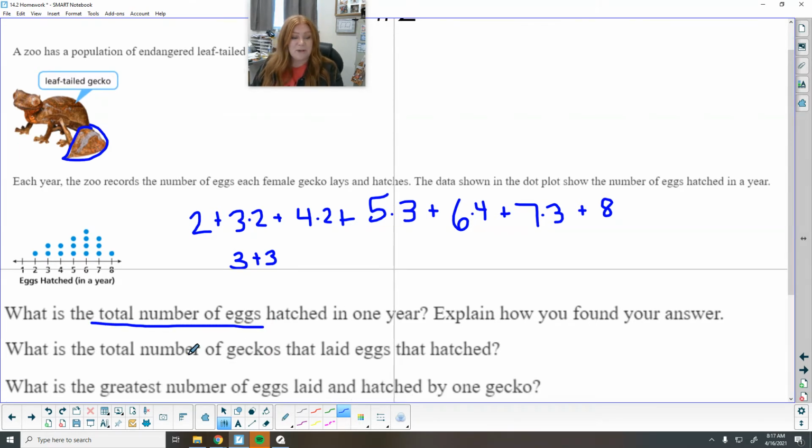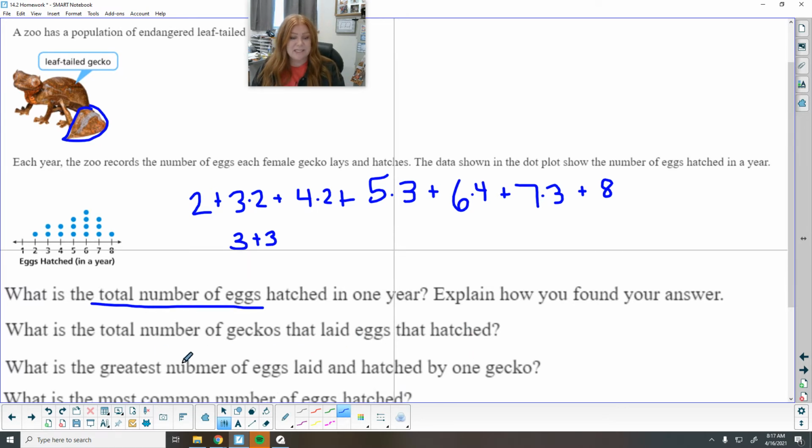So now what is the total number of geckos? Now it's asking how many observations, how many geckos did they observe? Well, each dot represents 1 gecko that they observed. So we just need to count up our dots for our observations here. What is the greatest number of eggs laid and hatched by 1 gecko?